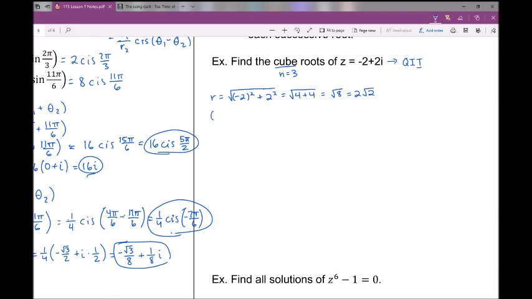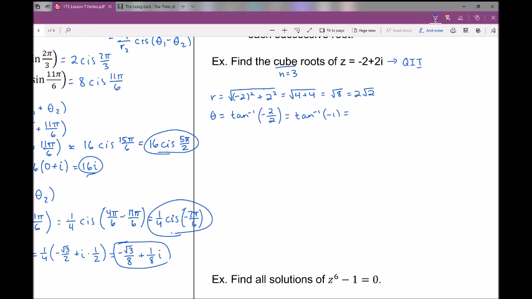And next, let's find the argument. So we have theta is equal to tangent inverse of negative 2 over positive 2. Well, negative 2 over 2. It doesn't really matter where the negative is. So this is just tangent inverse of negative 1. And so what angle in quadrant 2 has a tangent of negative 1?